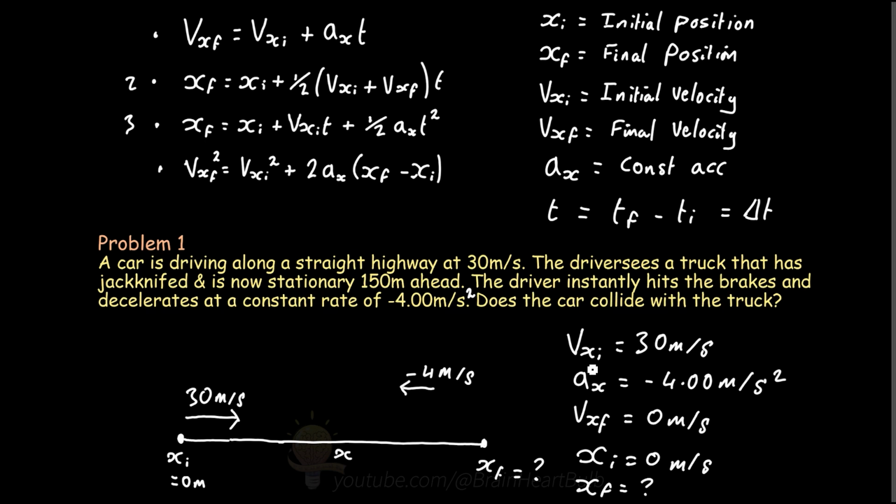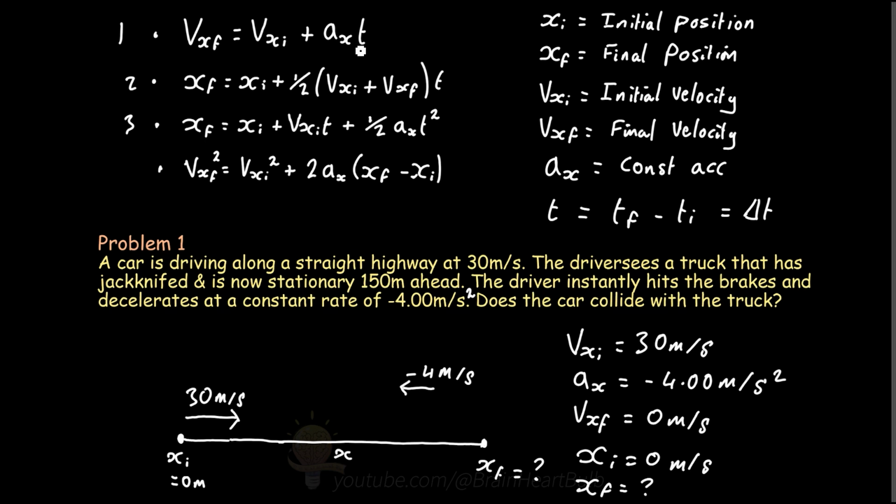But let's have a look at equations 2 and 3 first, because we might not need to do any rearranging. So we do have the initial velocity up here. We've got the final velocity up here, and the initial position, and the acceleration. What we don't have is the time. So we can't directly use equations 2 or 3 here at this moment. We could find the time using equation 1 and transpose it to make t the subject.